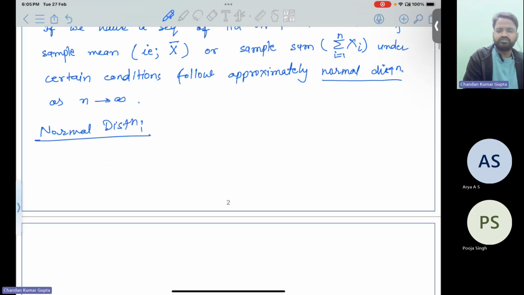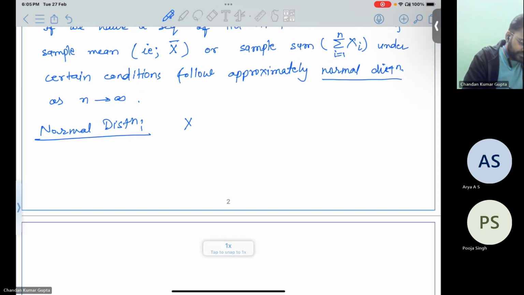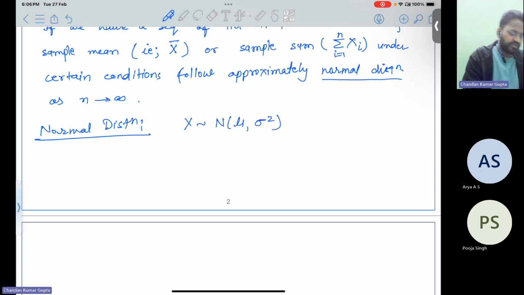Suppose a random variable X follows normal distribution, then it can be denoted like this: X is a random variable which follows normal distribution with mean mu and variance sigma square. This one is the mean, and here we will write the variance, sigma square, not the standard deviation.